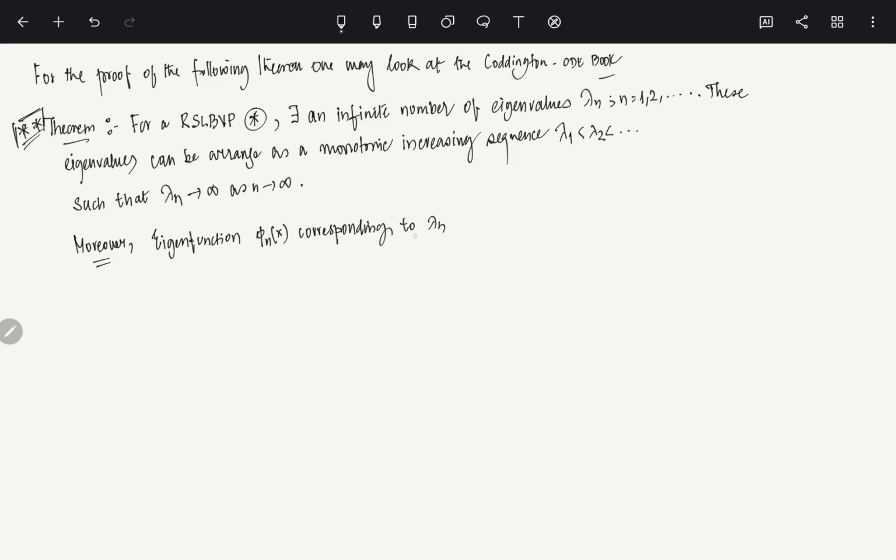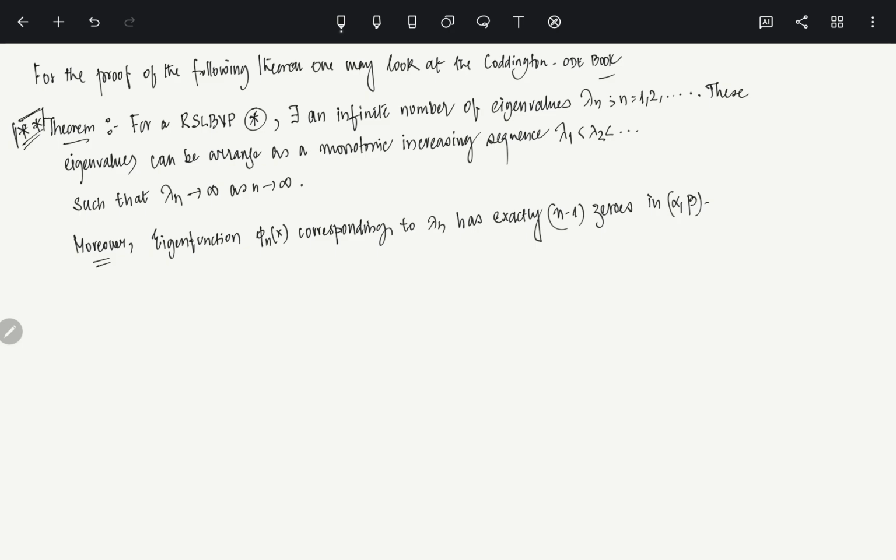So now the question is, how many zeros will there be in the open interval alpha beta? The eigenfunction corresponding to lambda n has exactly n minus 1 zeros in alpha beta. It's a brilliant theorem, right?